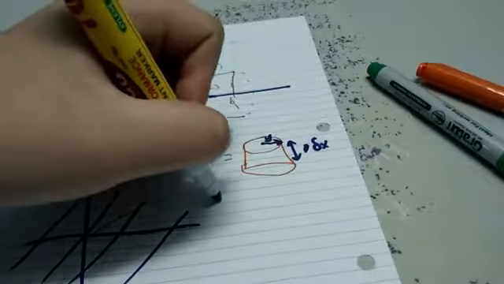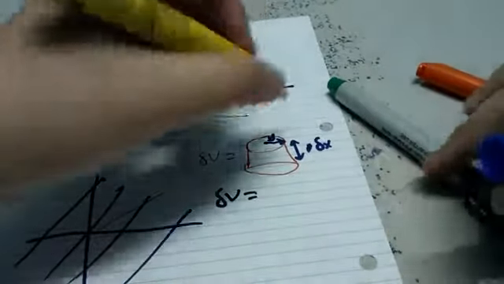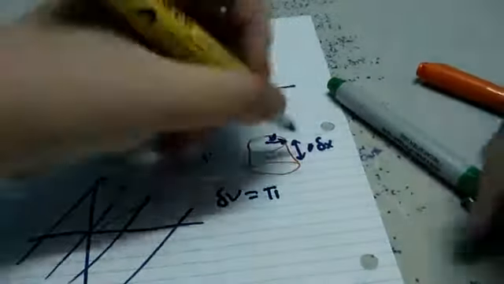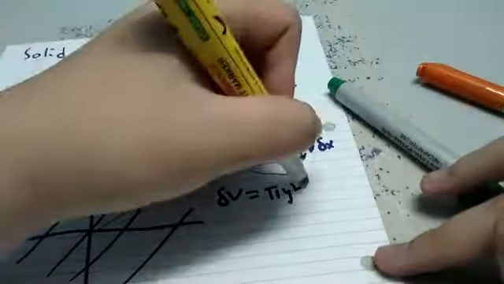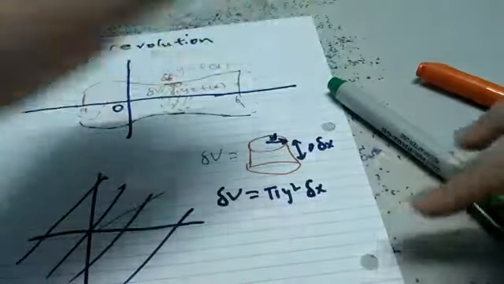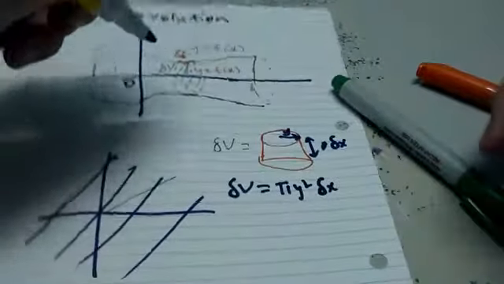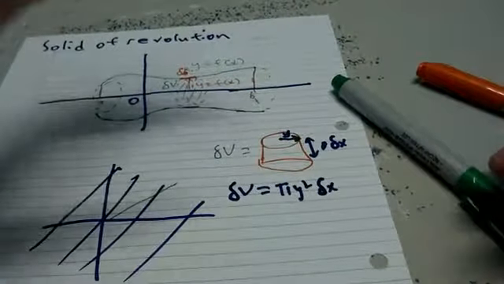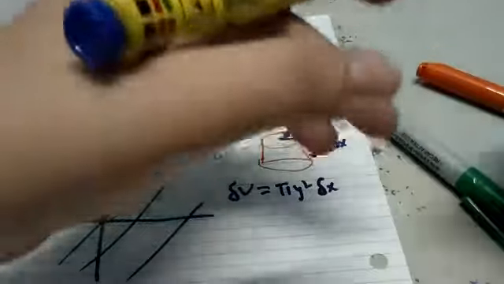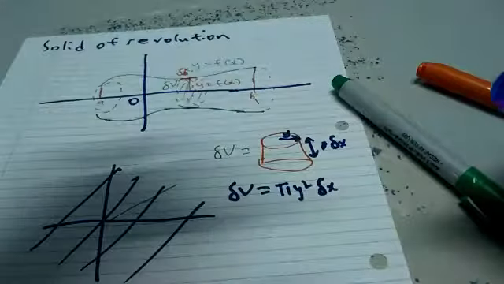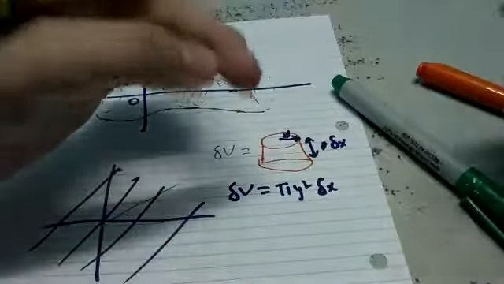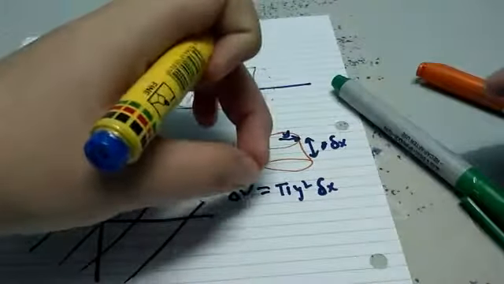Delta V is equal to pi times y squared times delta x, because y is the radius.